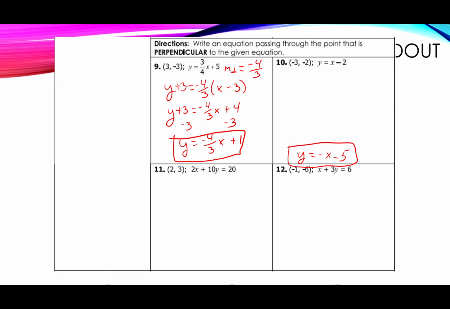Do number 11. y equals 5x minus 7. All right, number 12. You guys do it. Pause. y equals 3x minus 3.